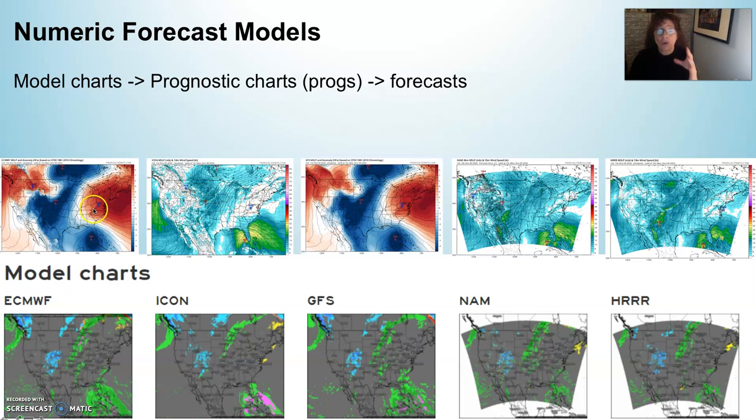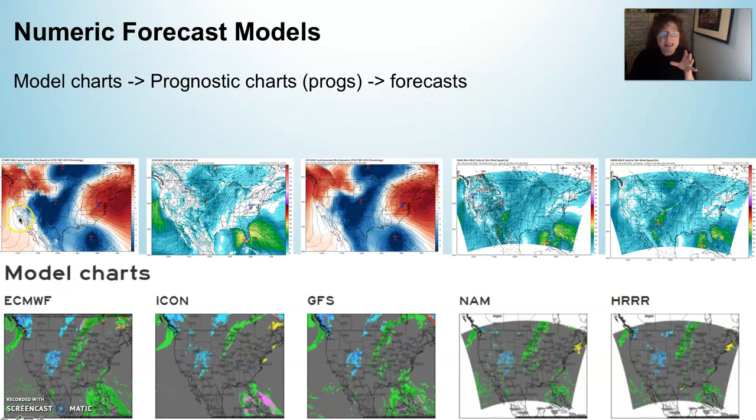These are all ground level charts that we're looking at. And so they all use the same MSLP, which is a type of ground mesoscale data, but they present it in very different ways. And so you'll see that the European and the global, the GFS, approach it in quite the same way.